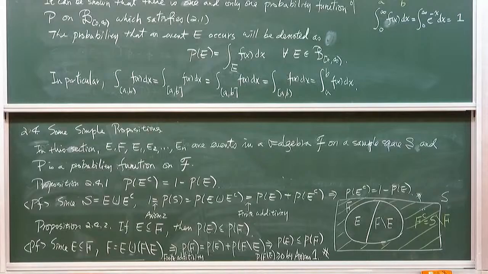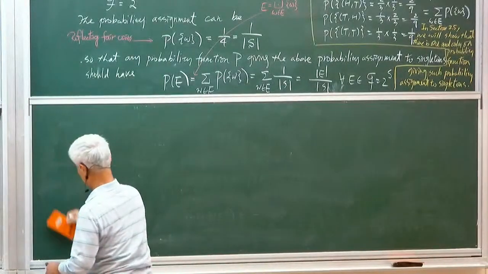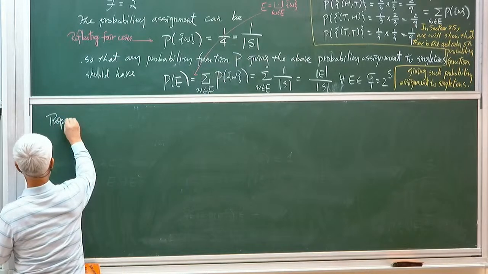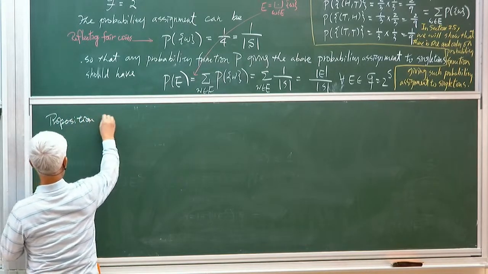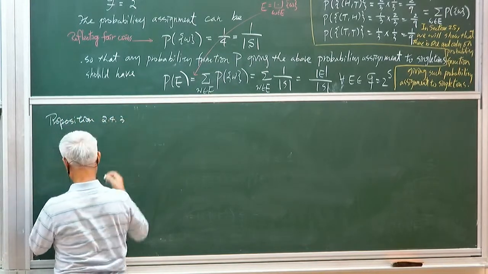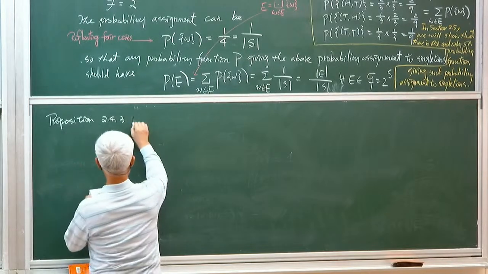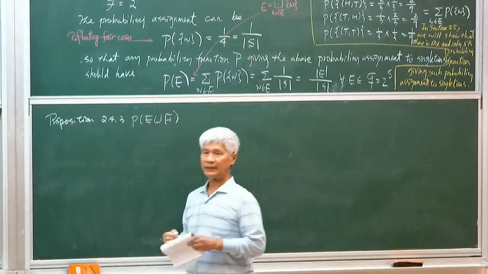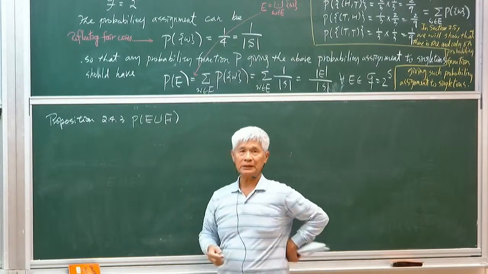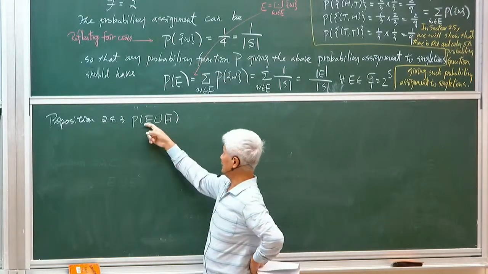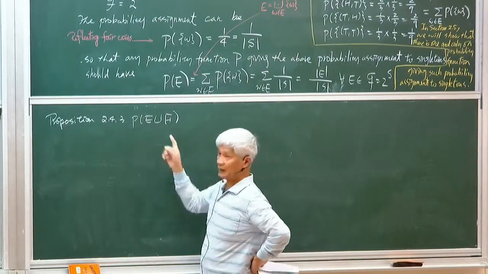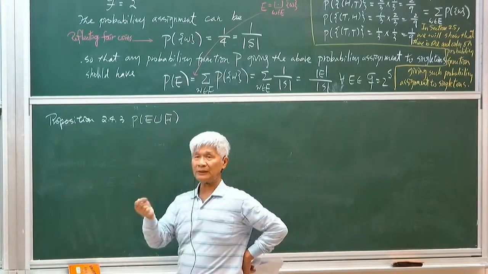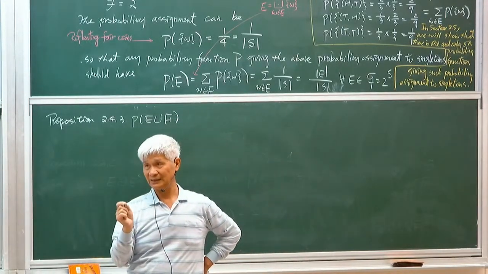Great. So now, proposition 2.4.3. What if we want to compute the probability of the union of E and F, and this union may not be disjoint? If it were a disjoint union, you could apply finite additivity.